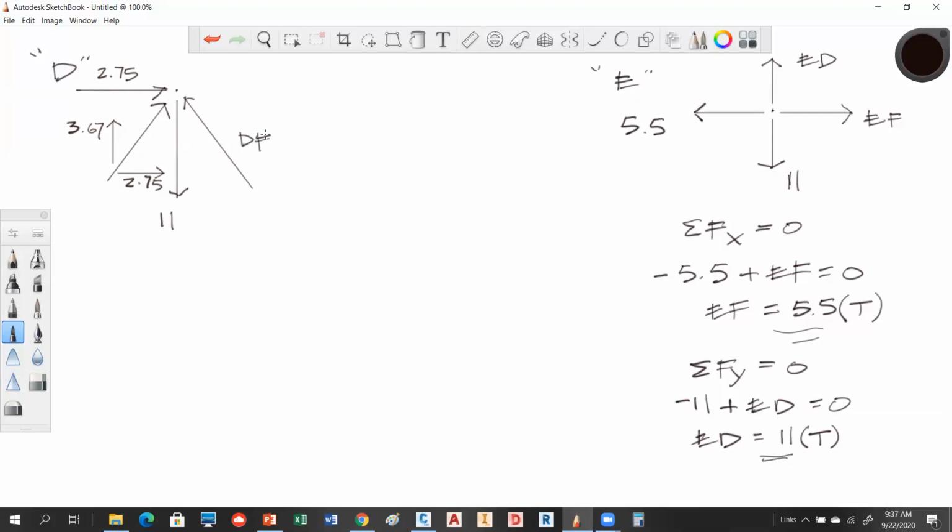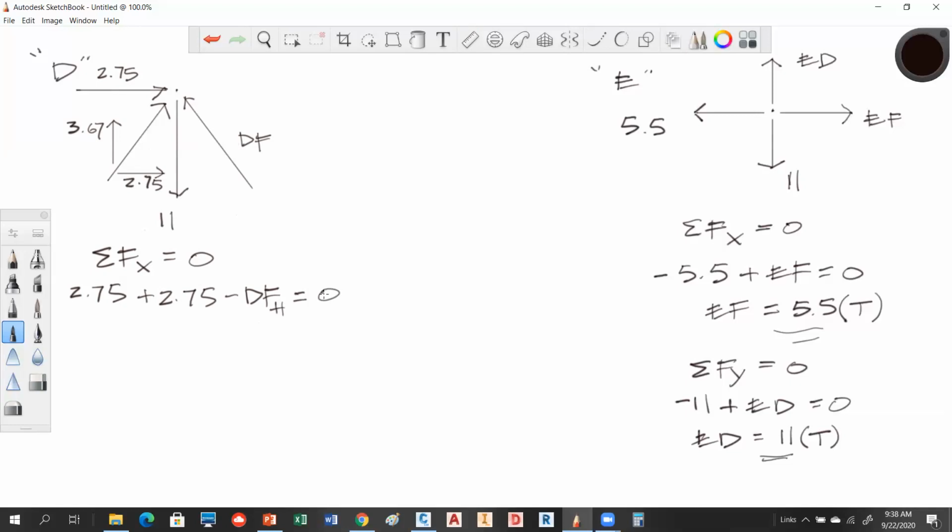Okay. So let's see what we get here. Sum of forces in X has to equal 0. So in X we have 2.75 from this member, which was BD, and we have 2.75 from the horizontal component of that member, which was CD. And then this one's going to be minus DF horizontal, and all of that's equal to 0.